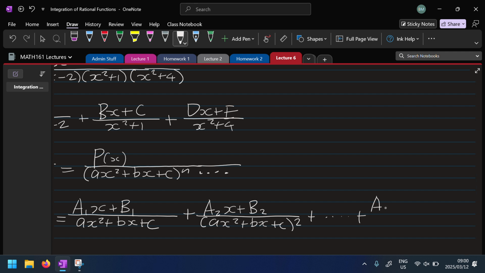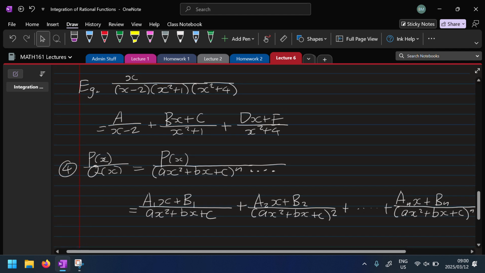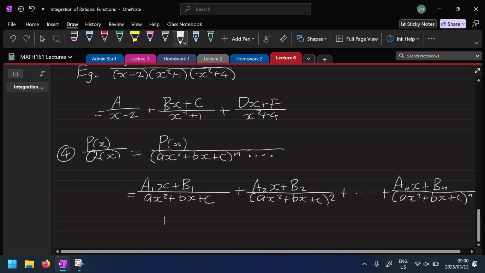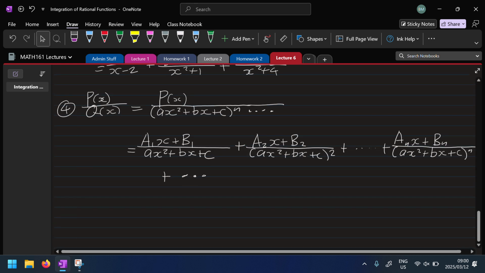So that will be anx plus bn all over ax squared plus bx plus c to the n. Okay, so that handles all of the repeated terms. And then we're going to have plus everything else for the other terms in the denominator. So that will be case 1, 2, or 3, depending on what's given. Okay, so let's have a look at an example.